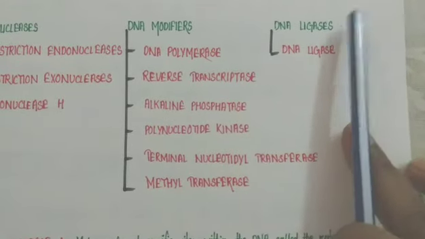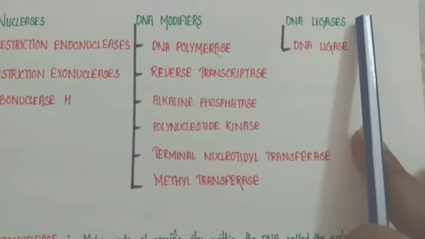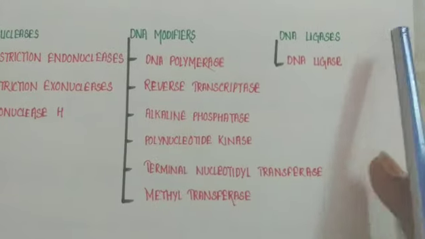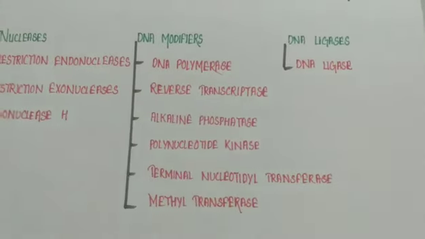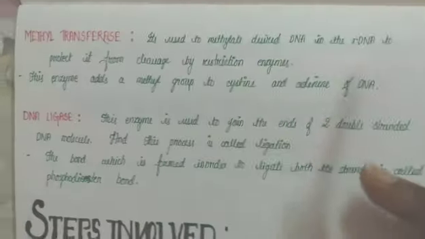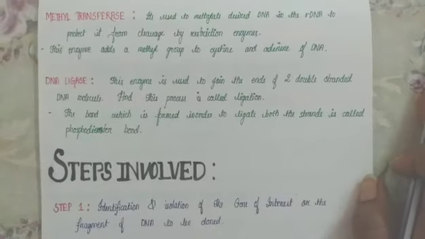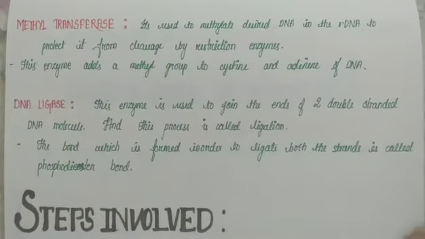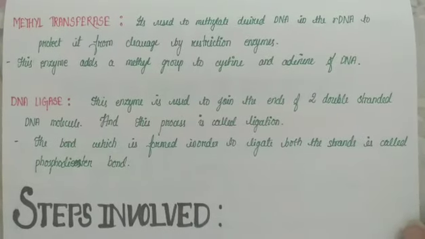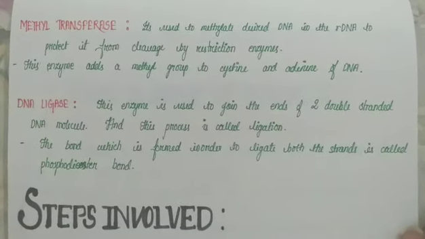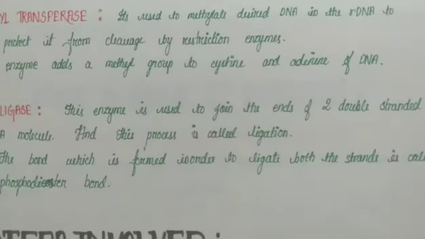So what is DNA ligase? DNA ligase is an enzyme which is used to join the ends of the DNA vector and the foreign DNA together. It is used to ligate or to glue. It is also known as biological glue and is as important as the restriction enzyme.